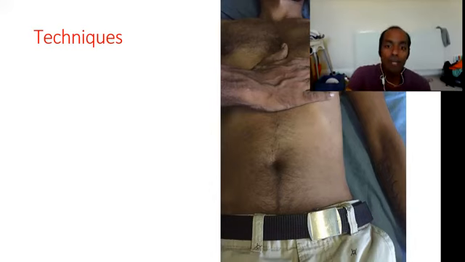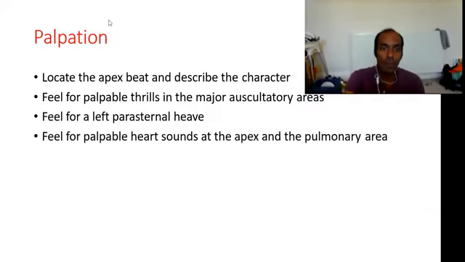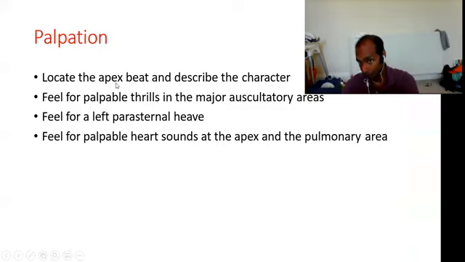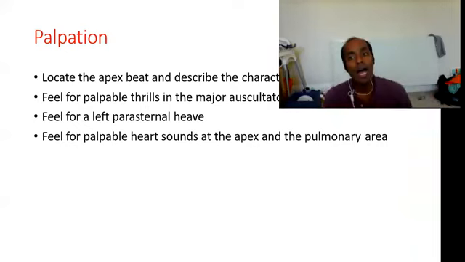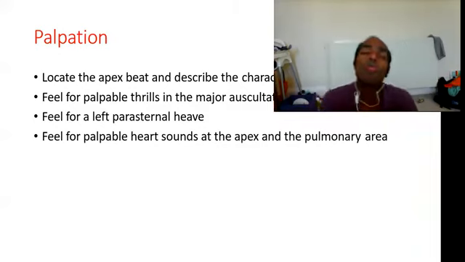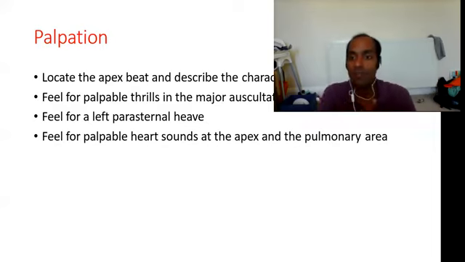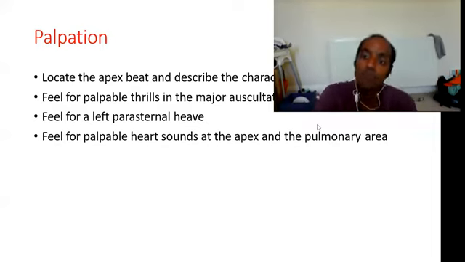So going back to the principles then of palpation, locate the apex beat, describe the character. Character would be normal, tapping apex, thrusting apex, which is a forceful but non-sustained apical impulse, which is usually displaced, or heaving apex, which is a forceful sustained impulse, which is usually non-displaced.